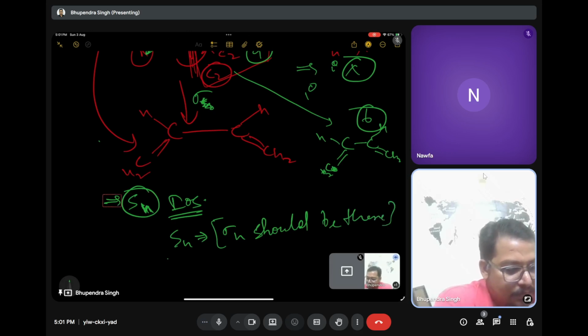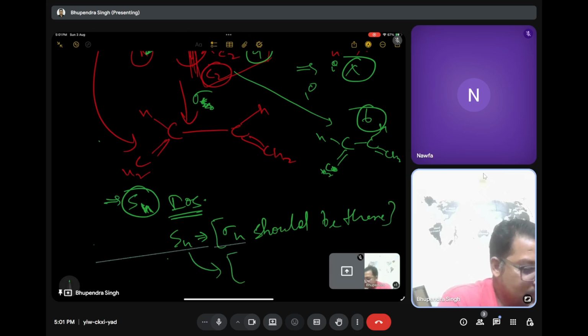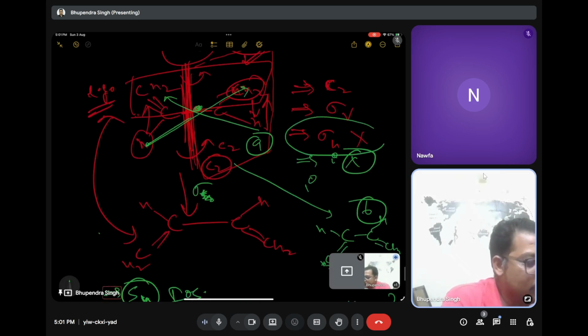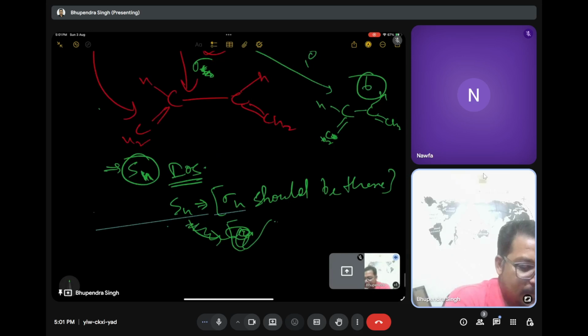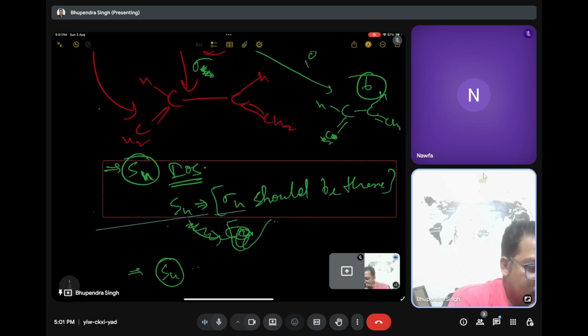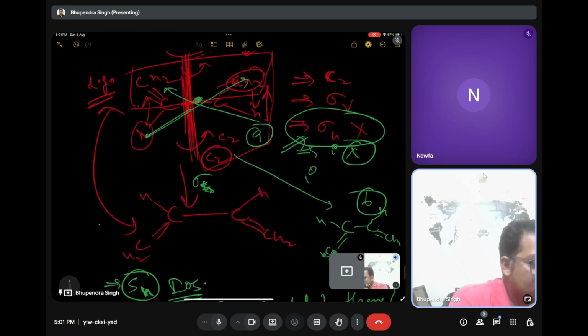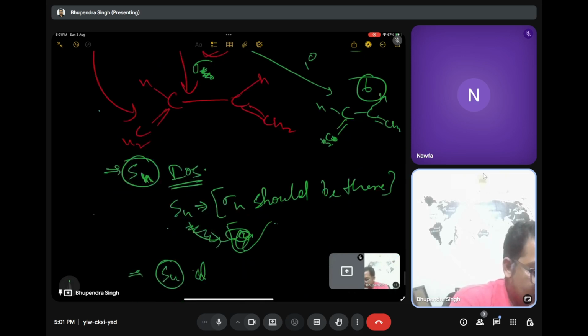Anyway, here in this case sigma h is not present. So we can simply say that Sn is absent. Improper axis of symmetry is absent.